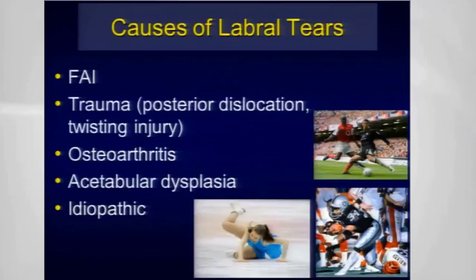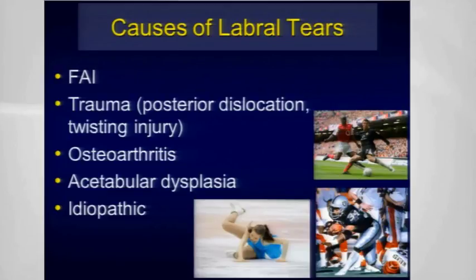Some of the causes that produce labral tears include the hot topic of femoroacetabular impingement, whether you have CAM morphology, that osseous excrescence anywhere from the anterior to lateral aspect of the femoral head-neck junction, or the pincer morphology. We also see labral tearing following traumatic injuries, whether the patients had prior posterior hip dislocation or even minor twisting.